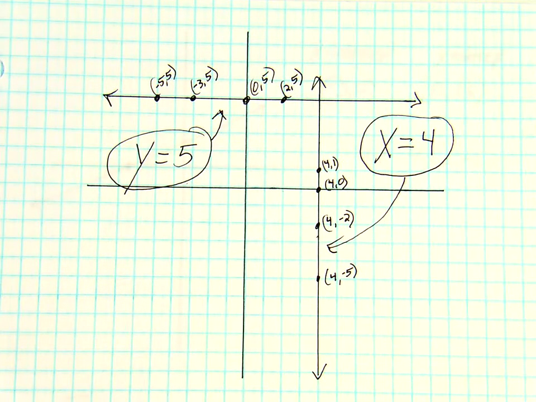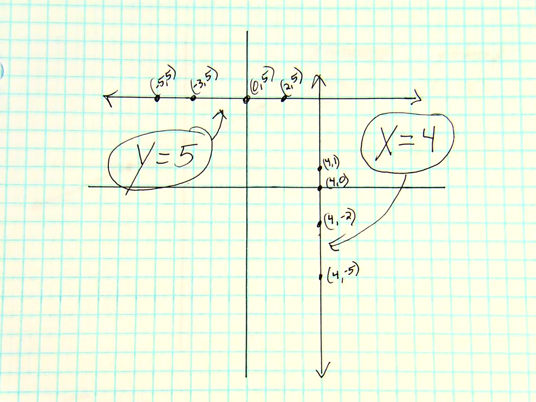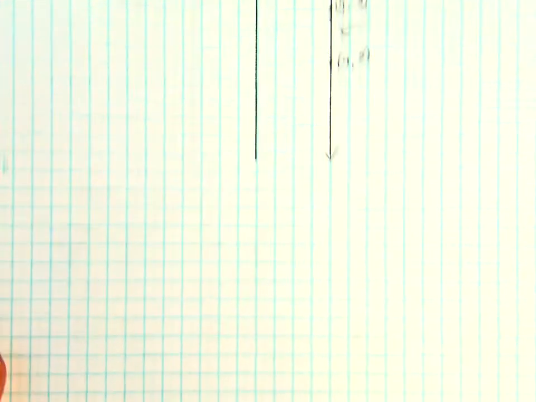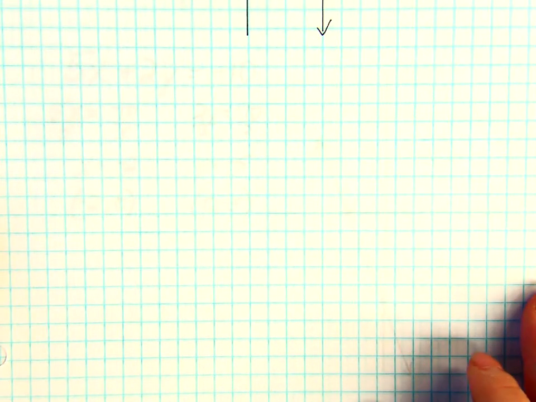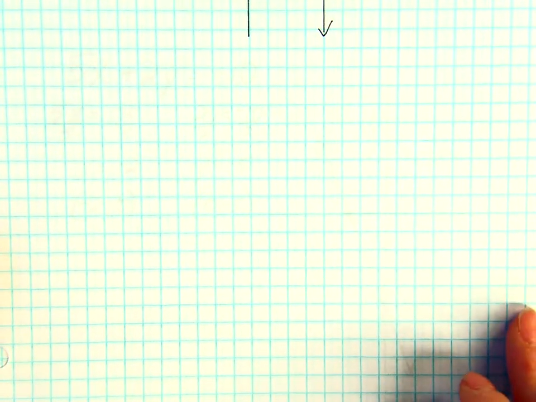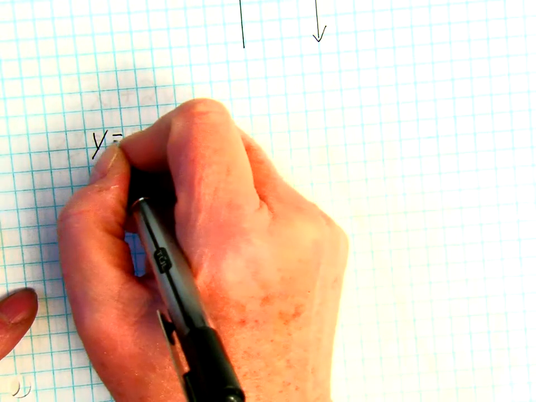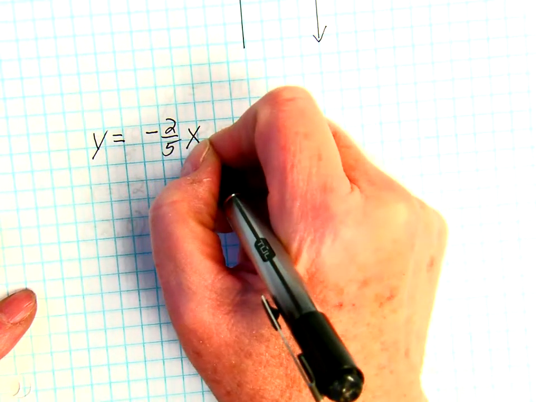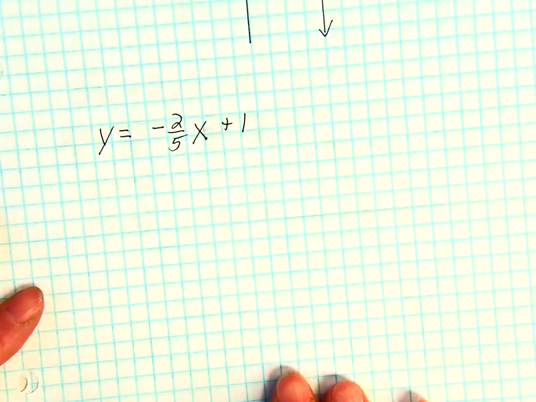Okay, so easy peasy. The last thing that we are going to do is transform the standard equation into slope-intercept form and back again. So let's first go into standard form. Let's take y equals -2/5 x plus 1.